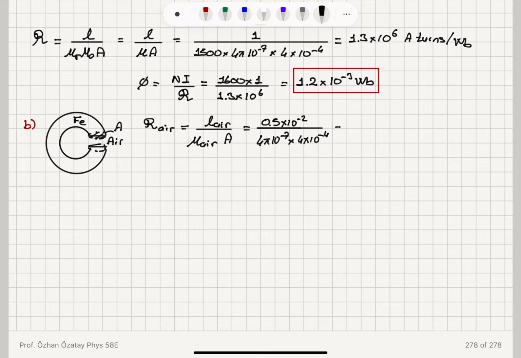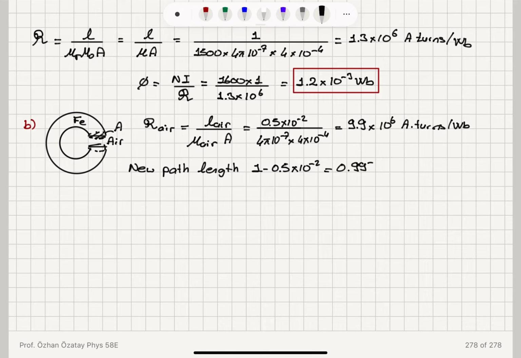This gives us a reluctance of 9.9 times 10 to the 6 ampere turns per Weber. Now we have a new path length in the iron. What is our new path length? Because we have consumed 0.5 centimeters for air, this is 0.995 meters. This is our new path length.